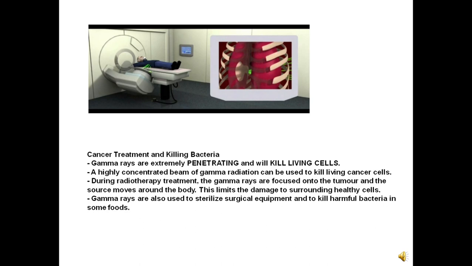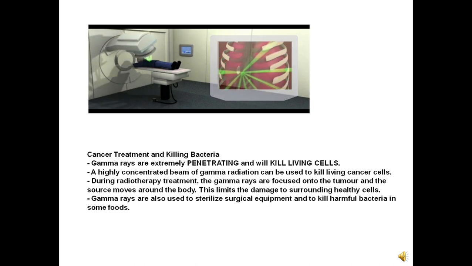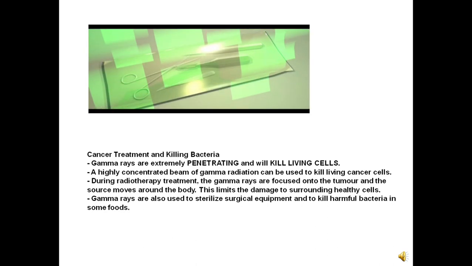Here we have an external gamma source, that is to say it's not inside the body, and it's being rotated around the body in a circle, and the tumour, the cancer that we're aiming the gamma rays at to kill it, the tumour is in the centre of that circle. So wherever the source is, it is firing gamma radiation at the tumour.